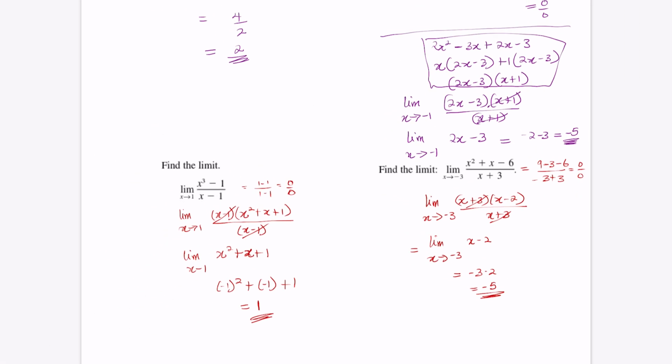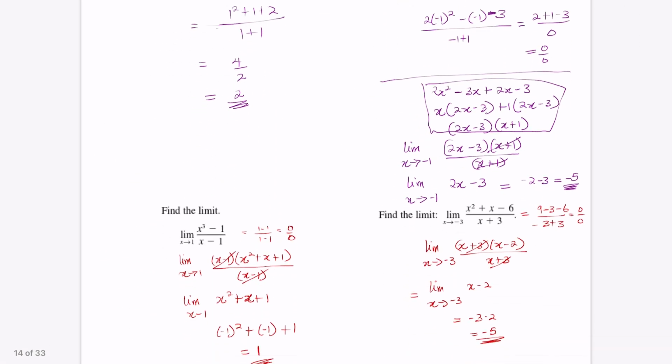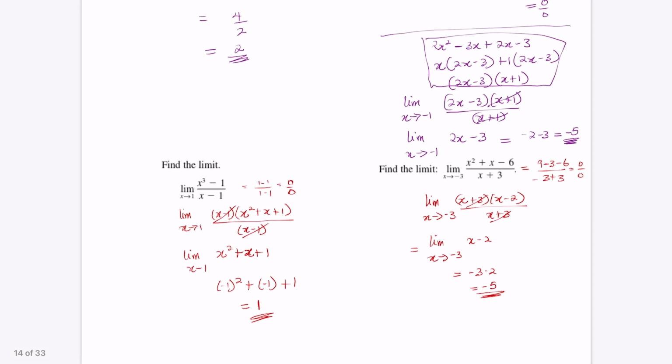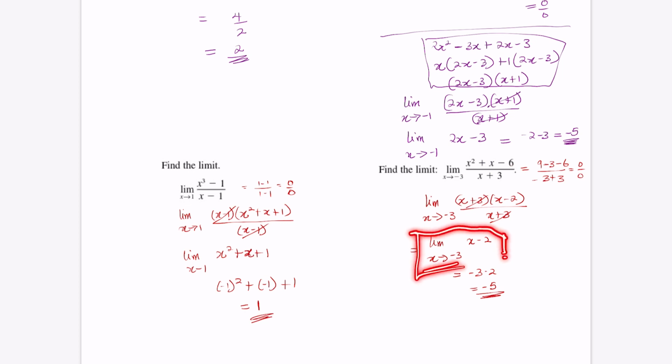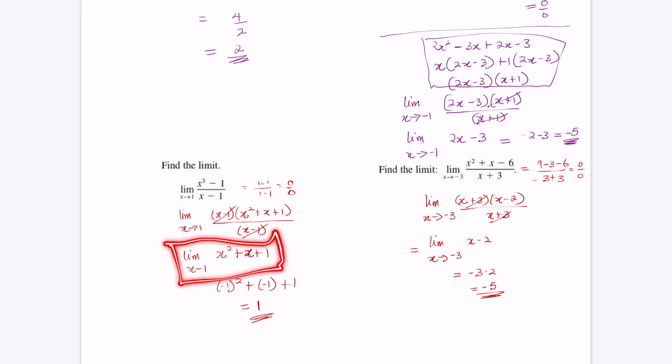And that brings us to the end of the method of factorization. As you can see, you first need to factorize your numerator in some cases before you can apply the direct substitution method. In this case, we also needed to factorize the numerator, then we apply the method of substitution on this part.